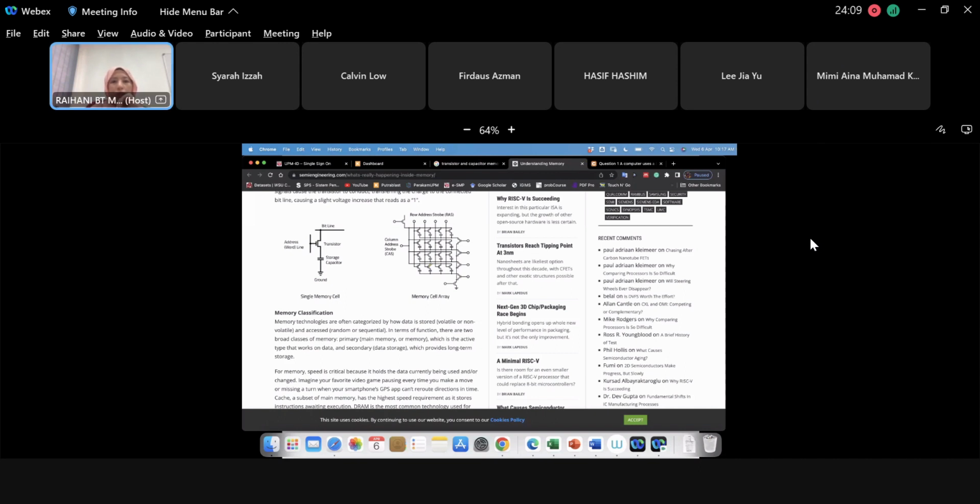Basically this consists of one cell of memory, from this example. The capacitor will link with the ground, and the transistor basically has open and close.